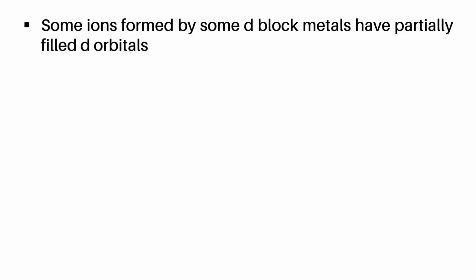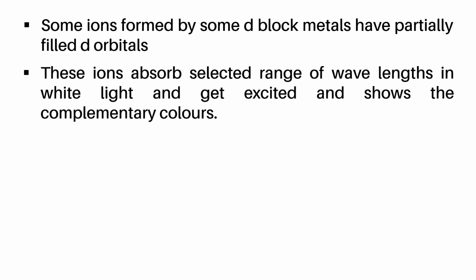Some ions formed by some D block metals have partially filled d orbitals. These ions absorb a selected range of wavelengths in white light and get excited and show the complementary colors. Right.